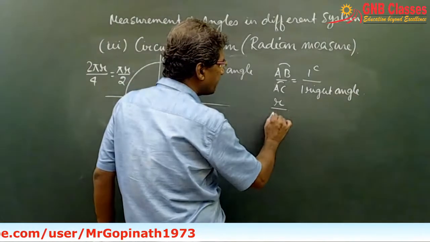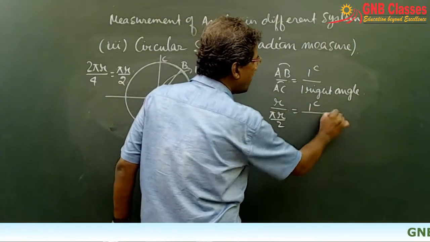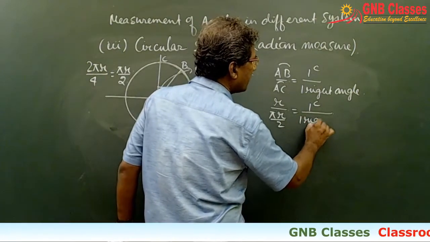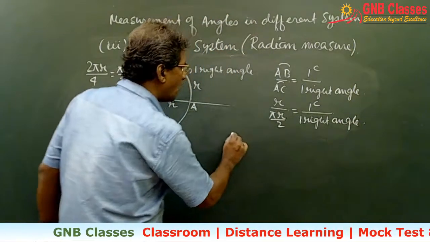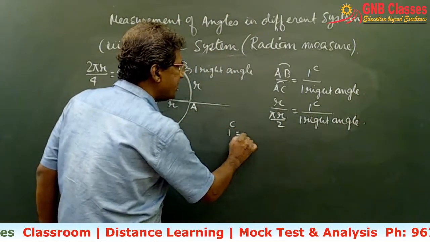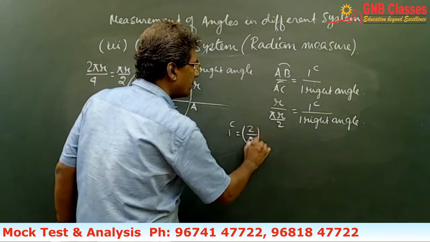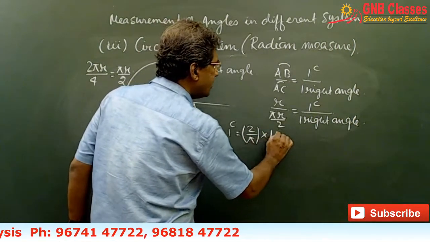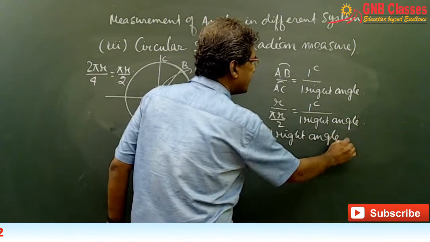Let me write it: pi r by 2, which equals 1 radian by 1 right angle. So 1 radian comes to 2 by pi into 1 right angle. Is this clear or not?